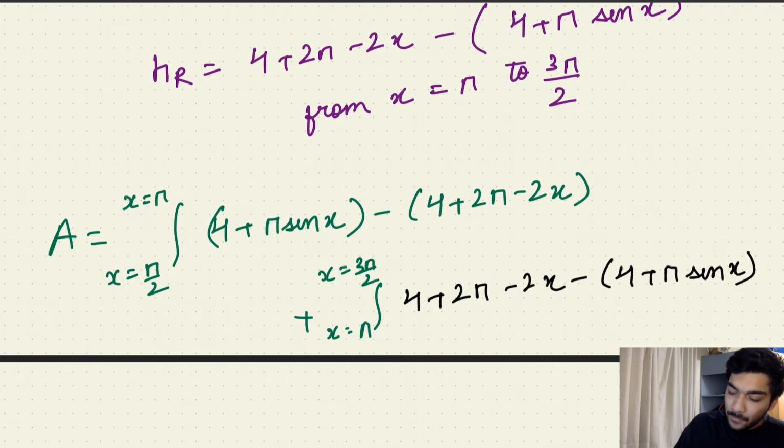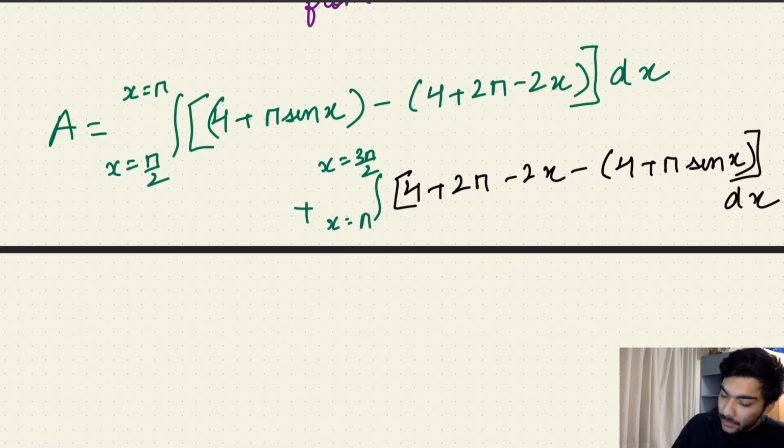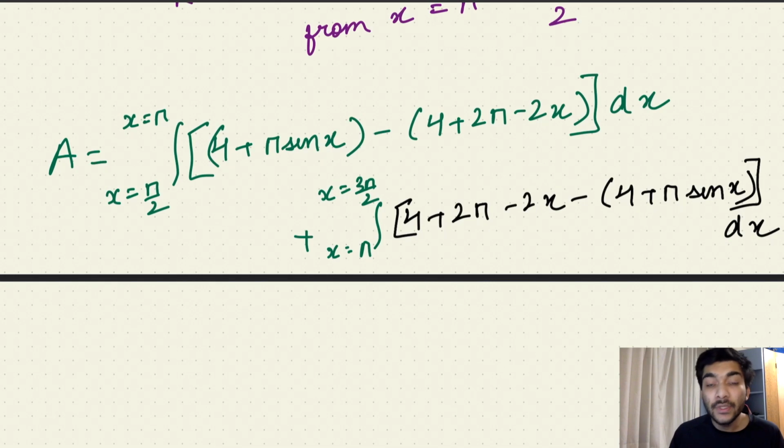Every time, the width of a vertical strip is dx, so this would be dx, and over here this would be dx as well, right? I hope it's understandable at this point of time. If you still have any questions, feel free to comment down in the comment section below.